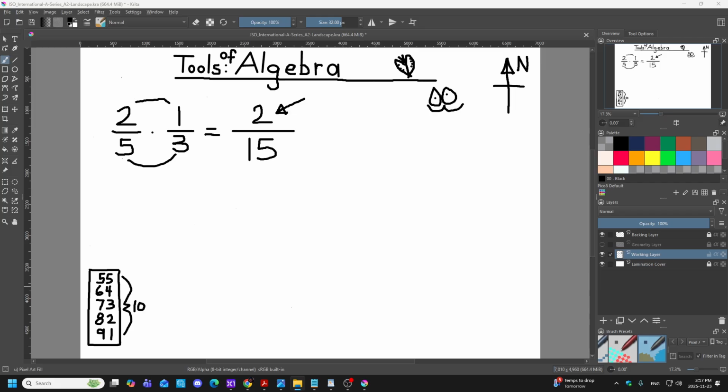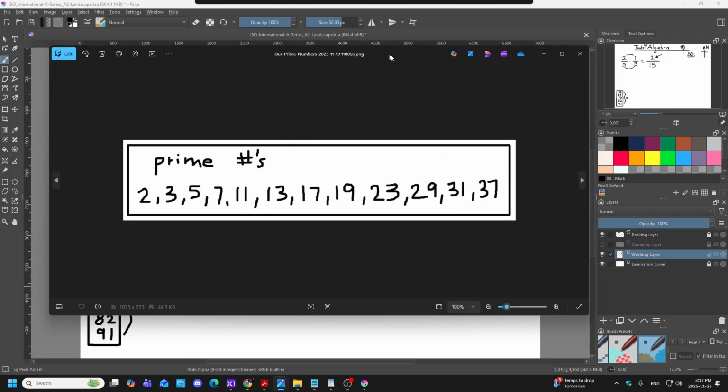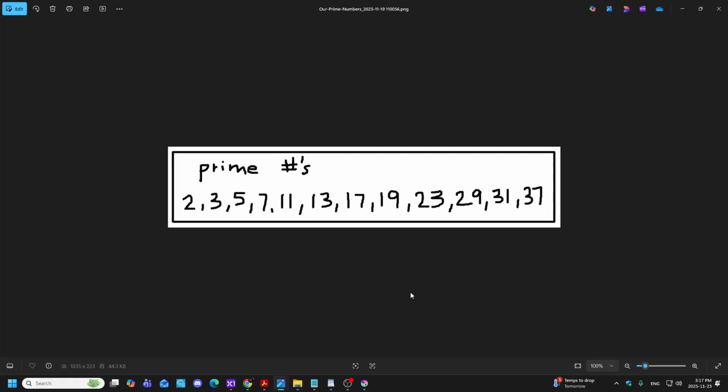A prime number is a whole number greater than 1 that has only 2 factors, 1 and itself.